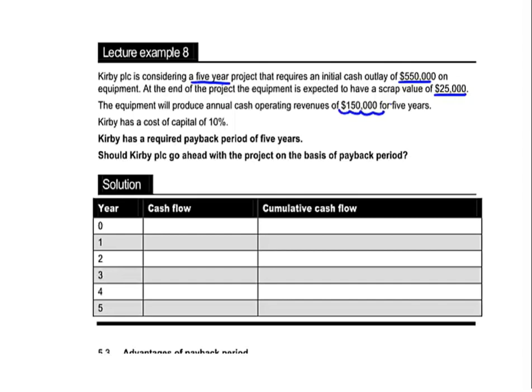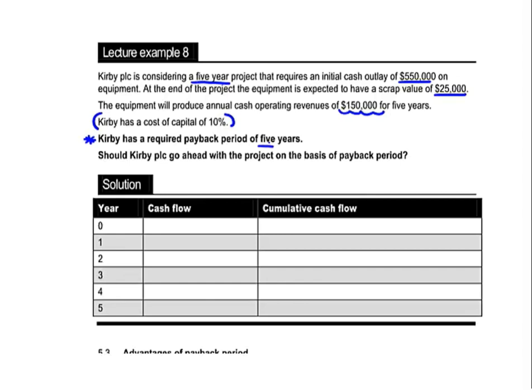And the company has a cost of capital of 10%. Well, actually, to do our payback, we don't need a cost of capital. What we need is to know what the target for payback is. And the target is 5 years. So if you get your money back within 5 years, then it's going to be a good idea. It's going to be acceptable.